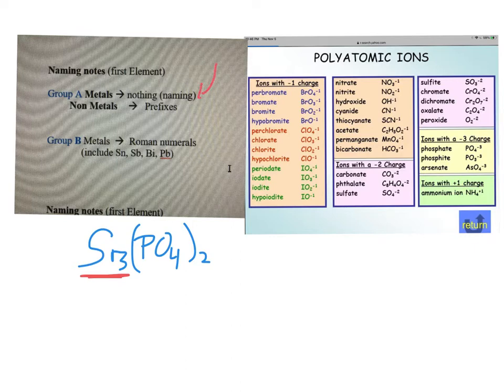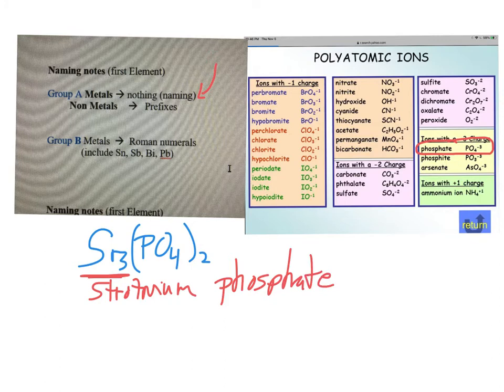All you have to do is name strontium. PO4 is over here with phosphate. PO4 with a -3, and yes, that 3 went down, so it's phosphate. And that's it. You're using a polyatomic ion with a group A metal.